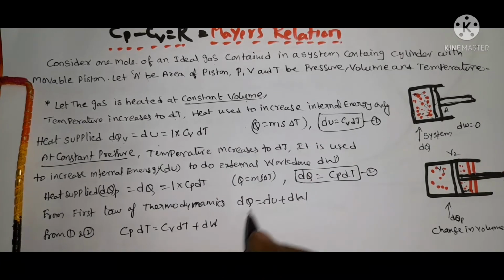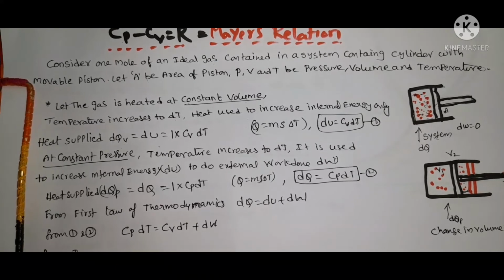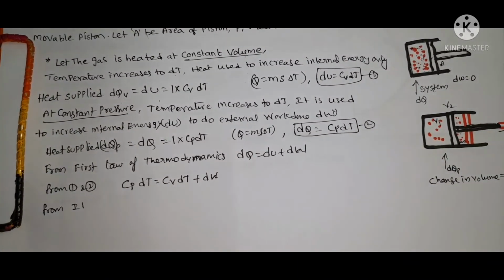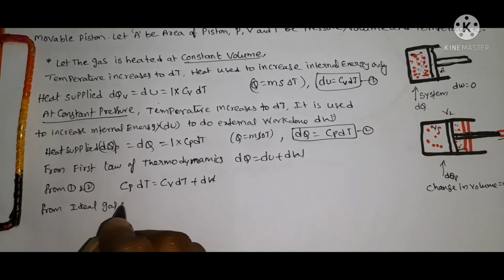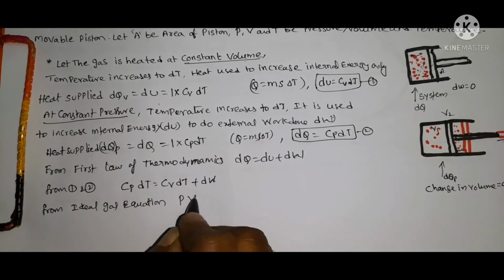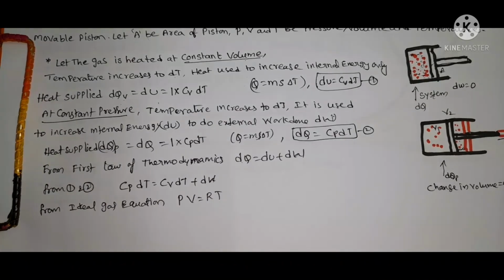So dW, now from the ideal gas equation, as you know that PV is equal to nRT. n means 1 mole, you no need to write. PV is equal to RT.